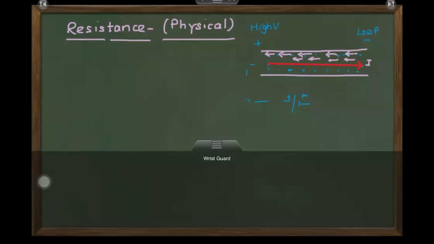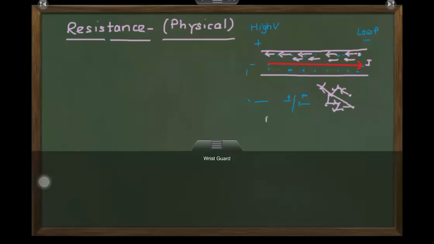Now, if these electrons move, they will collide with each other. Suppose these are the electrons. When they move, they collide with each other, and due to collision they lose energy.